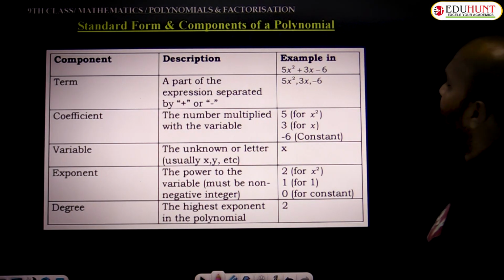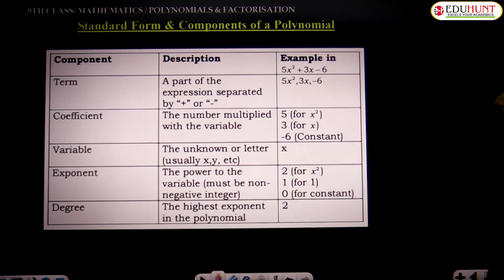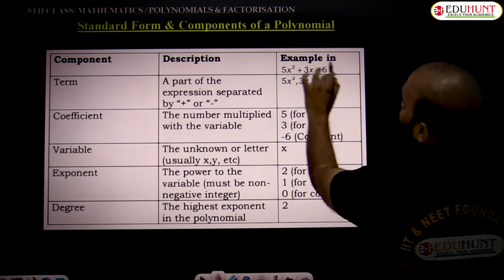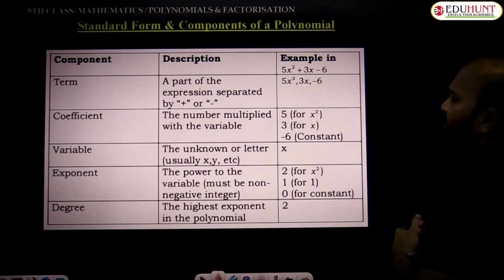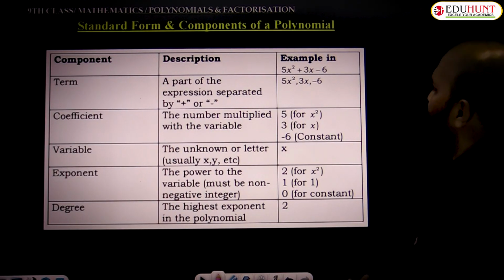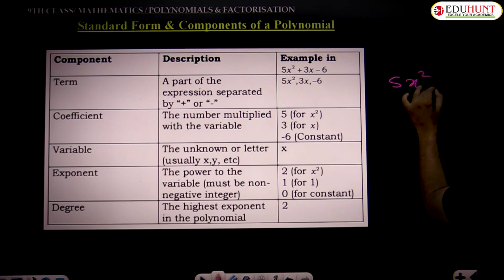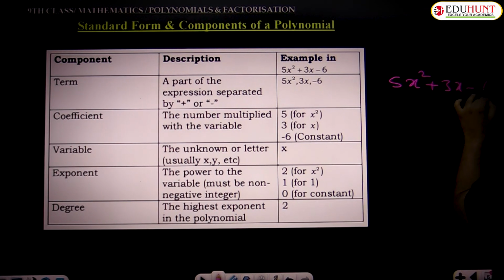Next one, standard form and components of a polynomial. Component, description and example are given. The example I am giving is 5x square plus 3x minus 6. It is a polynomial equation. Term, first one: a part of the expression separated by plus or minus. In 5x square plus 3x minus 6, I am using plus and minus.